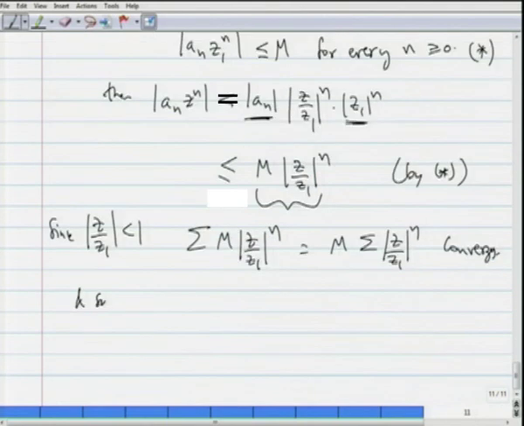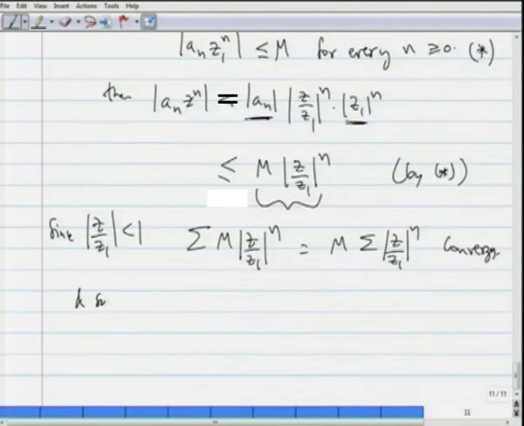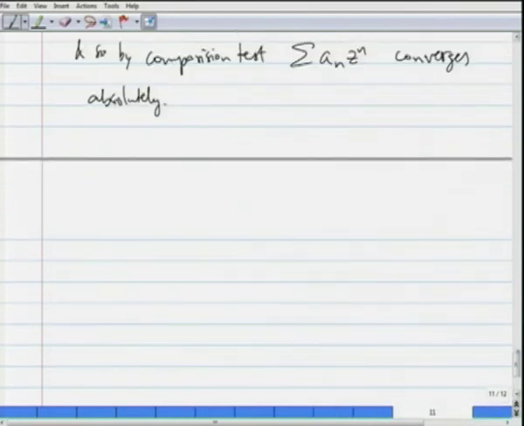And so, by the comparison test, this real number is lesser than this real number. So, by comparison test, we can conclude that sigma a_n z^n converges absolutely. So, we have proved part 1 of this theorem.